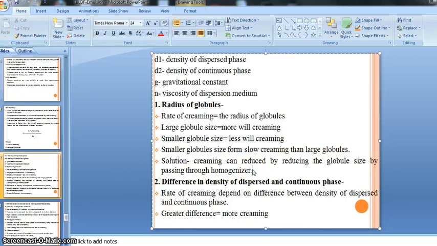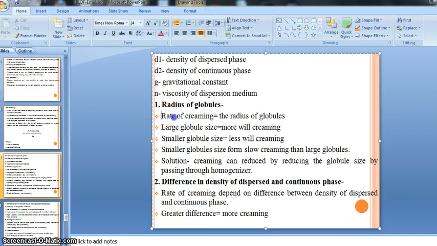As I said, homogenizers are generally used for reducing the size of our globules, right? So if we reduce the size of globules, we can minimize the rate of our creaming, right? If the rate of creaming becomes less, that time we will get more stability, or a more stable preparation, right?